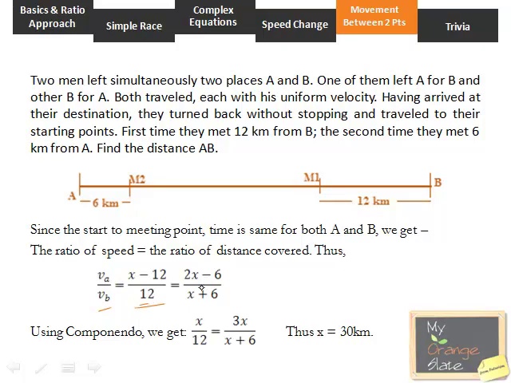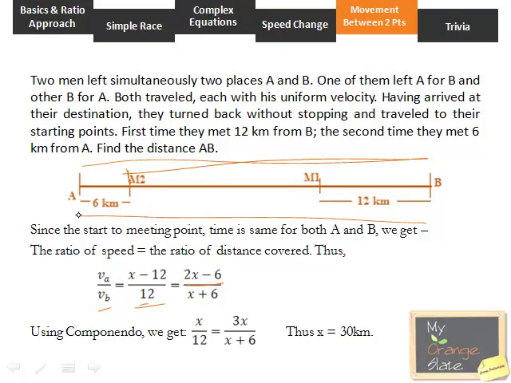For the second meeting, A covers distance equal to 2x minus 6 kilometers, that is from starting to B and then on the way back up to M2, whereas B covers distance equal to x plus 6 kilometers, that is the whole distance x plus 6. Using componendo, we get x over 12 is equal to 3x over x plus 6. Thus x is equal to 30 kilometers.